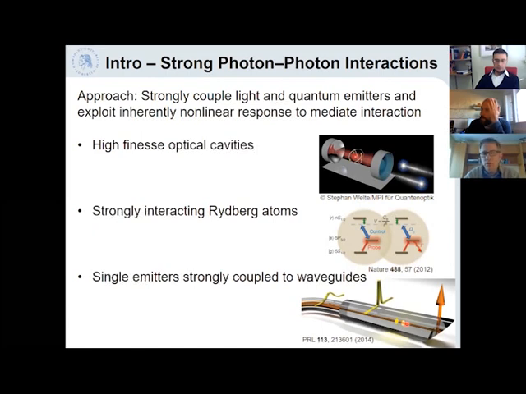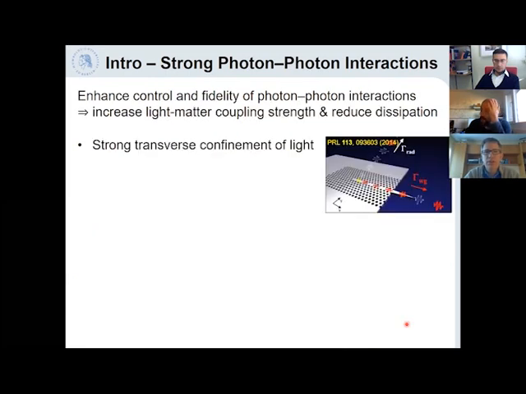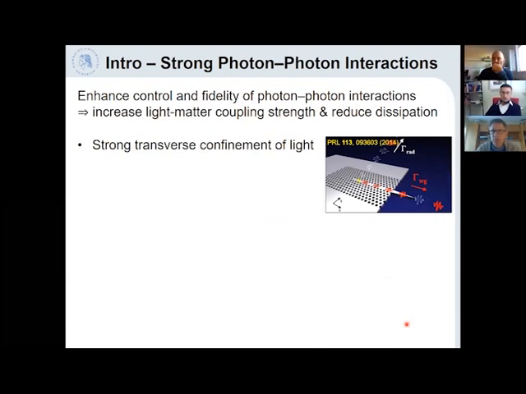And if you now want to enhance or further increase this interaction in order to enhance the control and fidelity of the operation, then what you have to do is to increase the light matter coupling strength on the one hand, and you should also reduce the dissipation because dissipation will make photons disappear and thereby blurs out the quantum nonlinear effects.